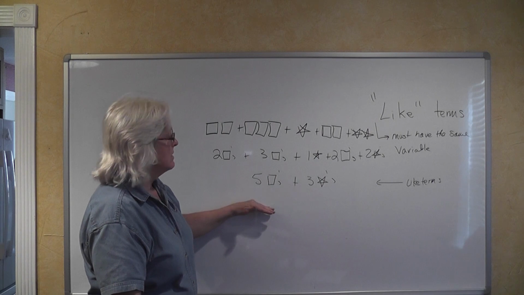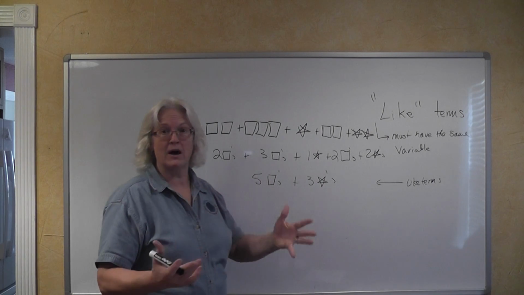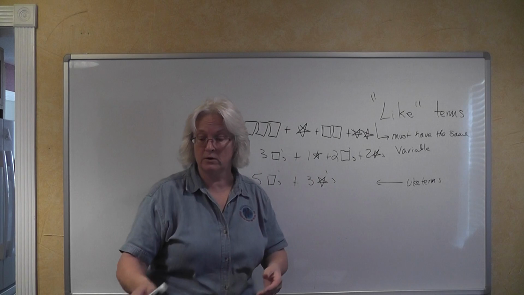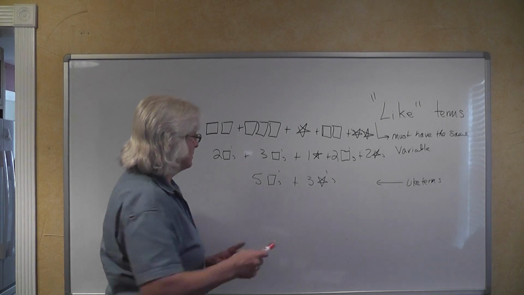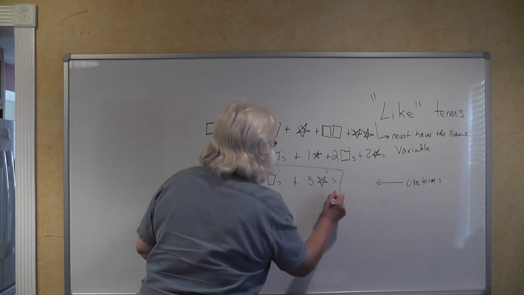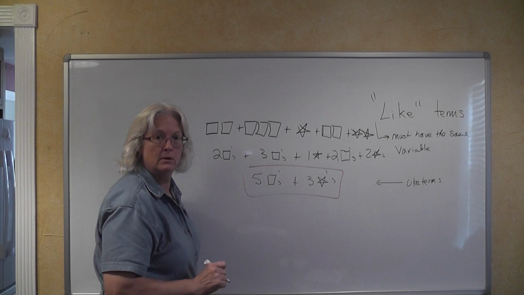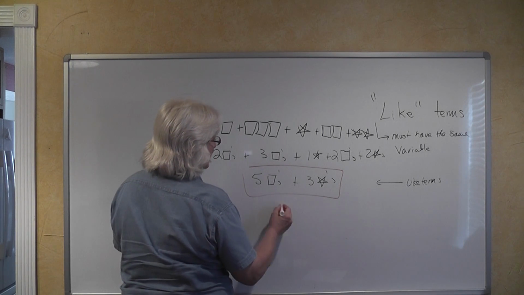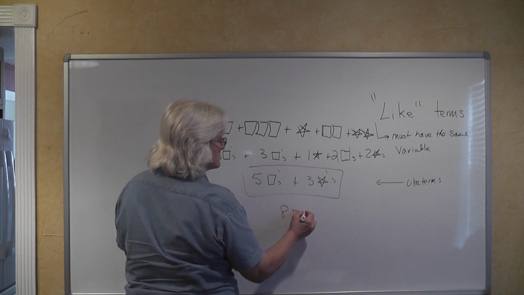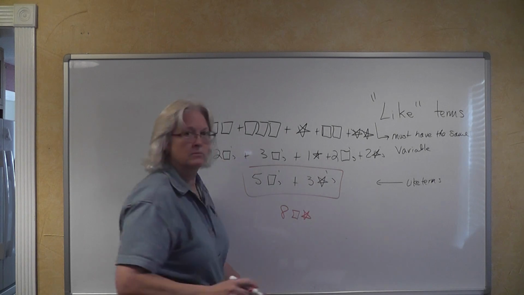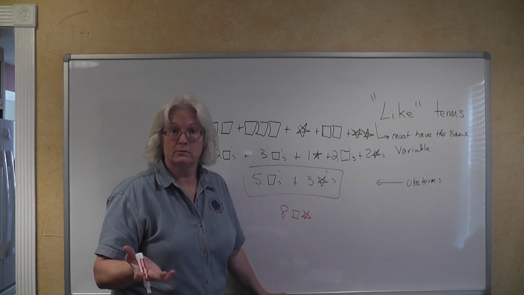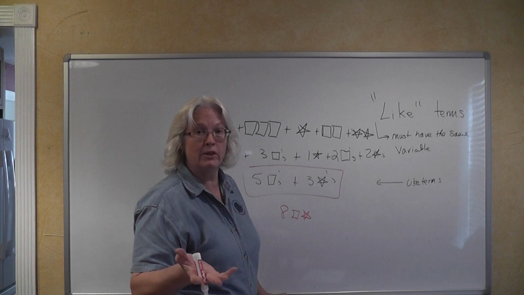Okay? Once you get down to 5 squares and 3 stars, you're finished, aren't you? You didn't say that you had 8 square stars, did you? You had 5 squares and 3 stars, and that's all that you can be.